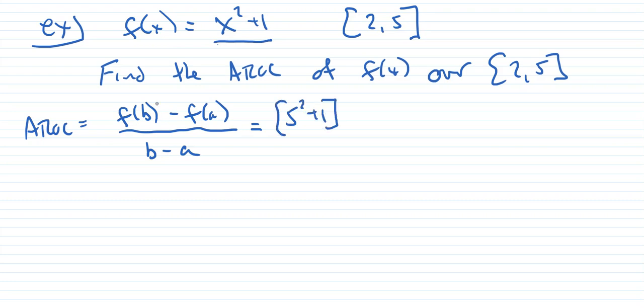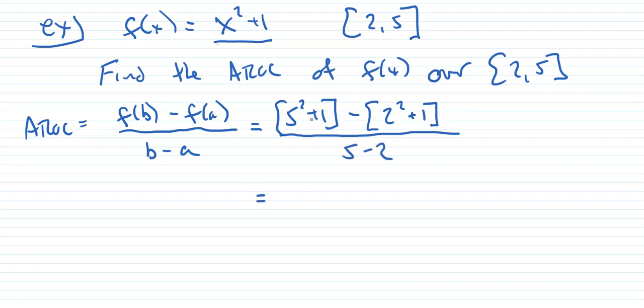That is the function evaluated at b, minus the function evaluated at a. So we have 2 squared plus 1. And then all of that is divided by 5 minus 2.